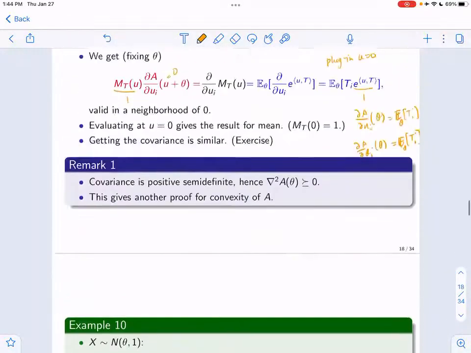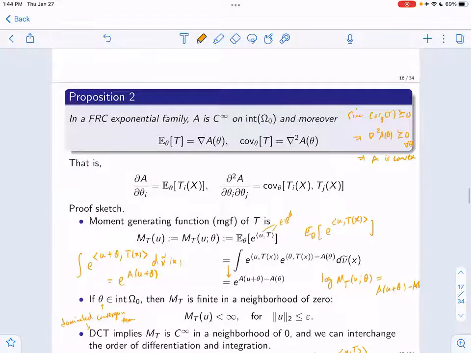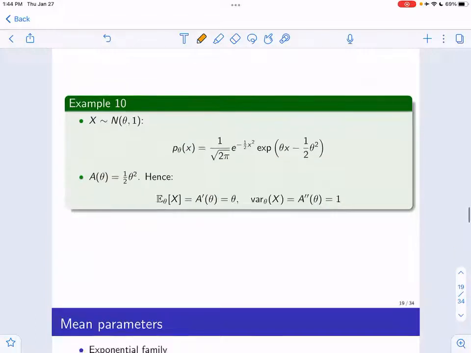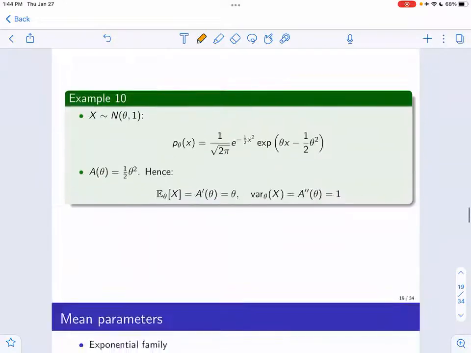So this gives you a fairly easy way to compute expectations in exponential families and covariances. For example, in the Gaussian case, I can write the Gaussian theta and 1 as a one-dimensional exponential family. Here, this is for the canonical family, so this is in canonical form.